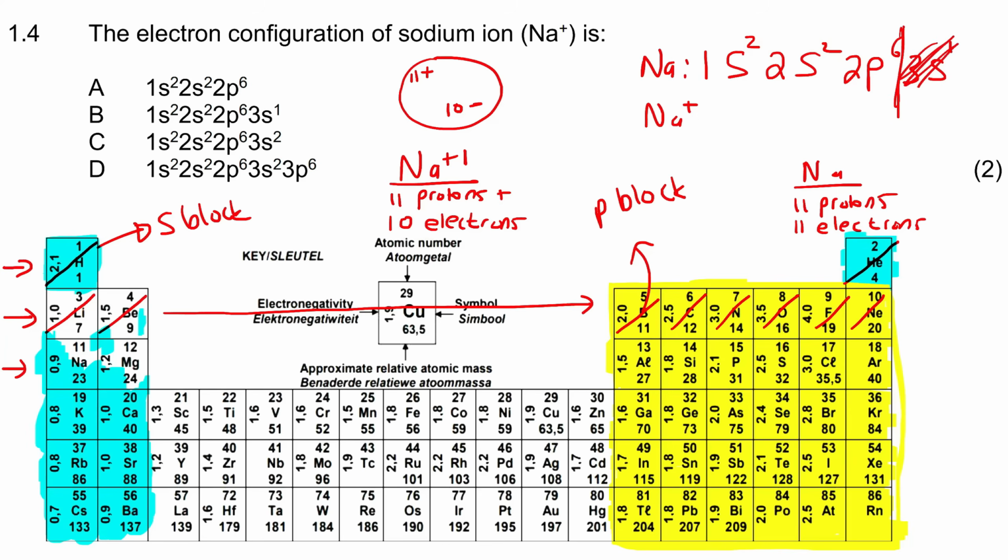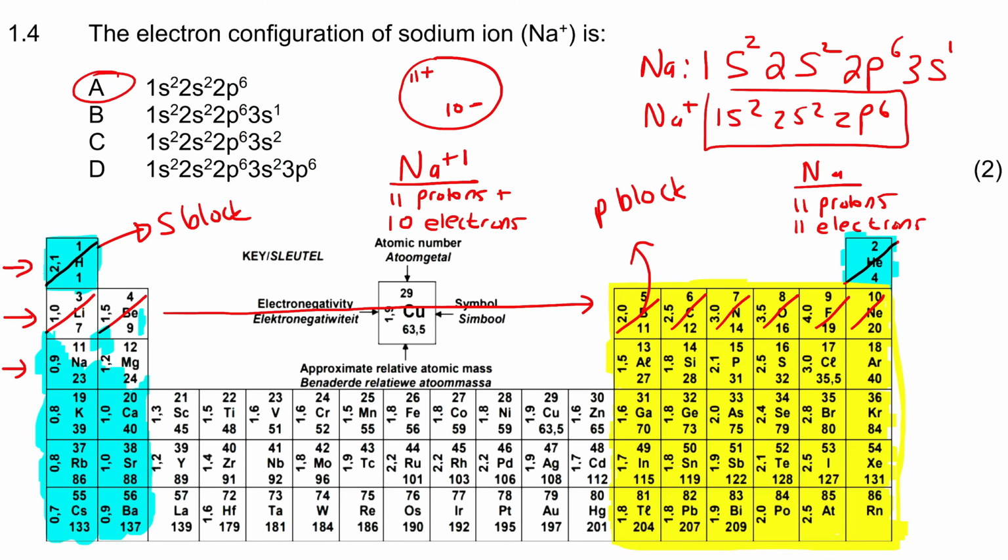We don't need this one anymore, and so the answer for Na+ would be 1s2, 2s2, 2p6, but then you would stop there because it only has 10 electrons and not 11. And so this is going to be the answer. So it's 1s2, 2s2, 2p6.